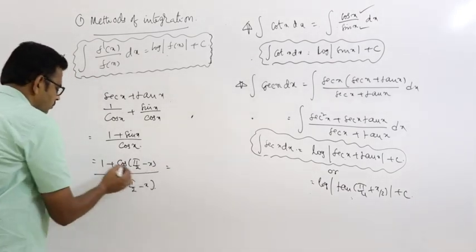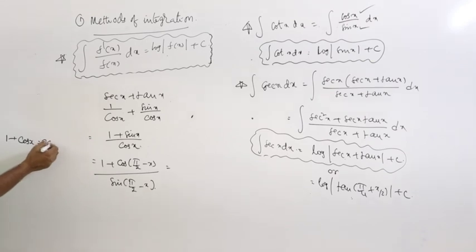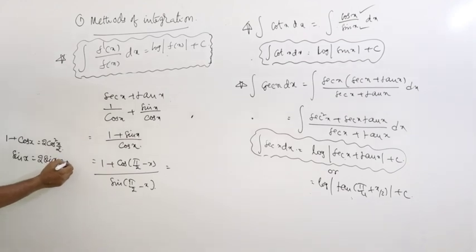That is the 1 plus cos x formula: 1 plus cos x is equal to 2 cos square x by 2. And the sin x formula is 2 sin x by 2 cos x by 2.